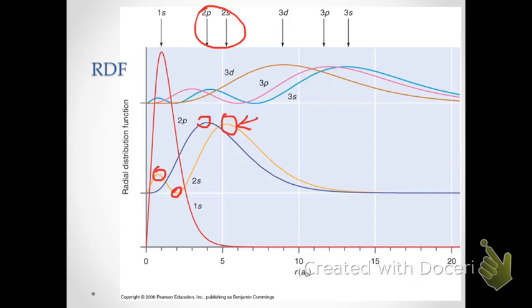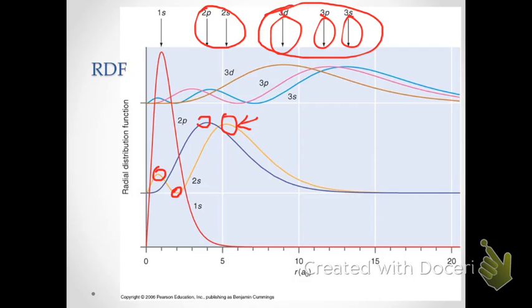We also can see here the maxima associated with the 3d, 3p, and 3s orbitals. And we'll note again the 3s here is farther from the nucleus than the 3p, which is farther from the nucleus than the 3d.